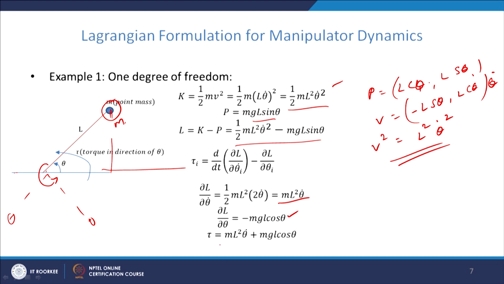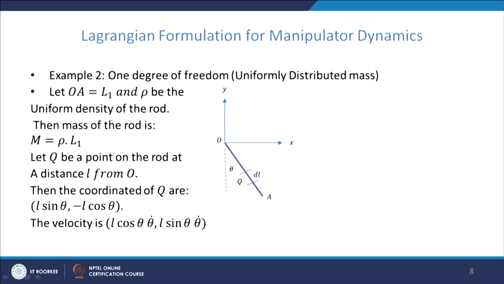Therefore, when we differentiate once again we will get m L square theta double dot plus this expression, minus del L by del theta, which gives plus mg L cos theta, equal to torque. So, we get the equation of motion of the pendulum, or we can say that it is a one arm robot manipulator.